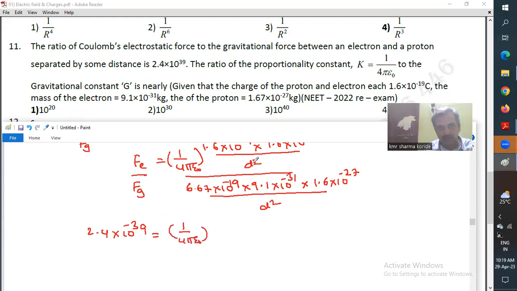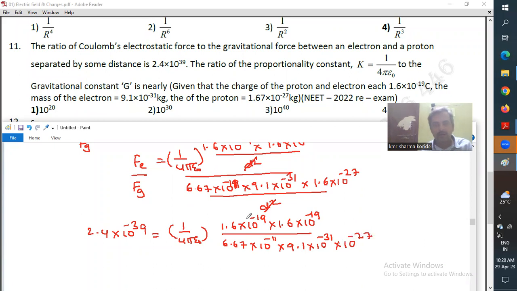The d square gets cancelled. 1.6 into 10 to the power of minus 19 is the charge of the proton or electron, and there is one more of it, 1.6, divided by 6.67 into 10 to the power of minus 11, this is not 19, minus 11, with the 9.1 into 10 to the power of minus 31, and this is going to be minus 27. This is minus 38.